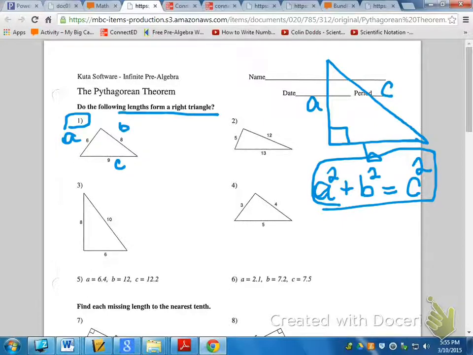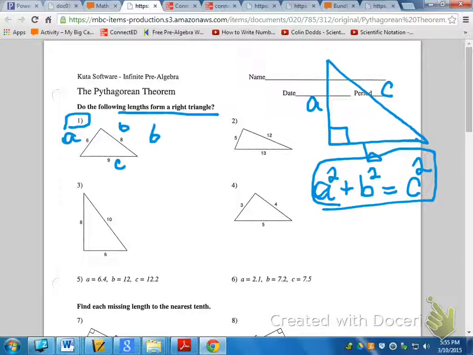To decide if it's a right triangle, I'm going to take those lengths, plug them into the equation, the Pythagorean Theorem, and see if it's true or not. If it does equal out, then I would say yes, it is a right triangle. And if it doesn't equal out, it's no, it's not a right triangle. So here's what I'm going to do.